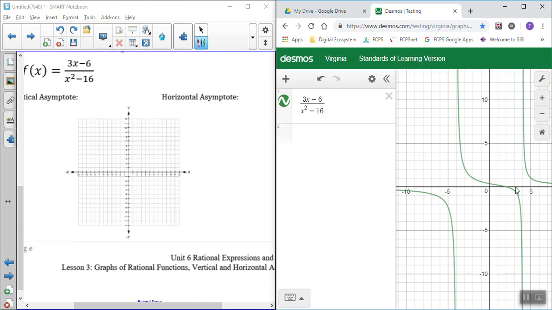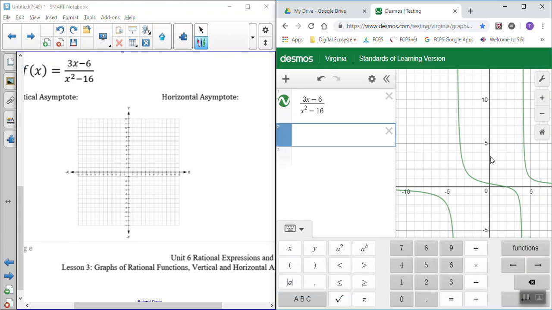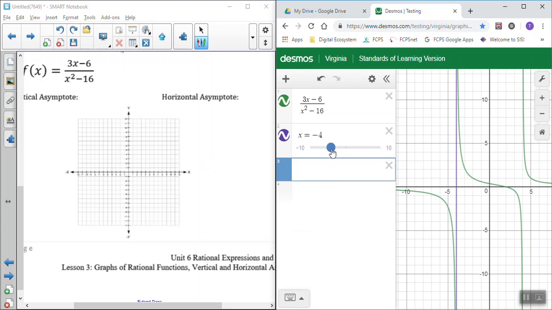So it looks like we have 2 different vertical asymptotes. Remember, vertical is always x equals, okay? Let's try x equals -5. Nope, that's a little over to the left, so I'm going to move it over to the right. There. x equals -4 is an asymptote.